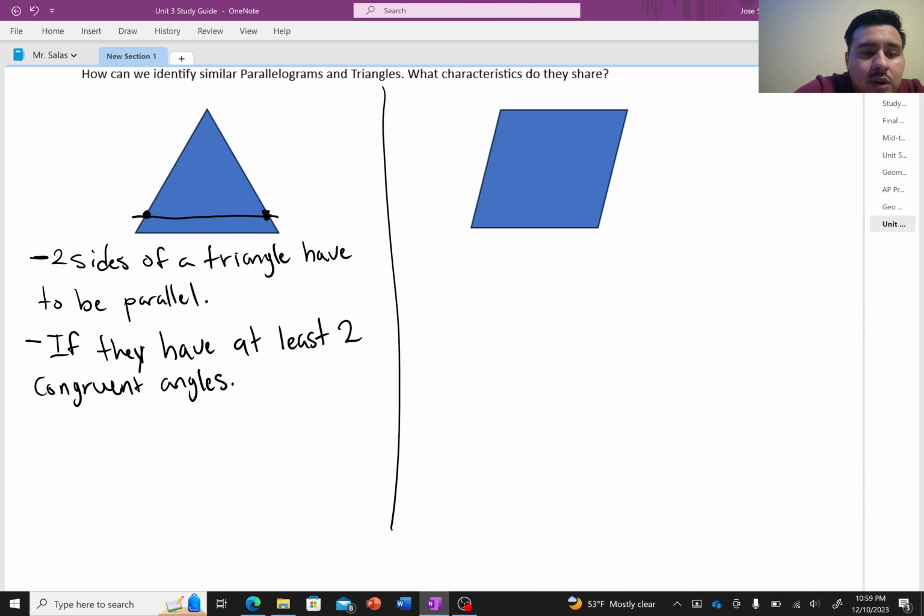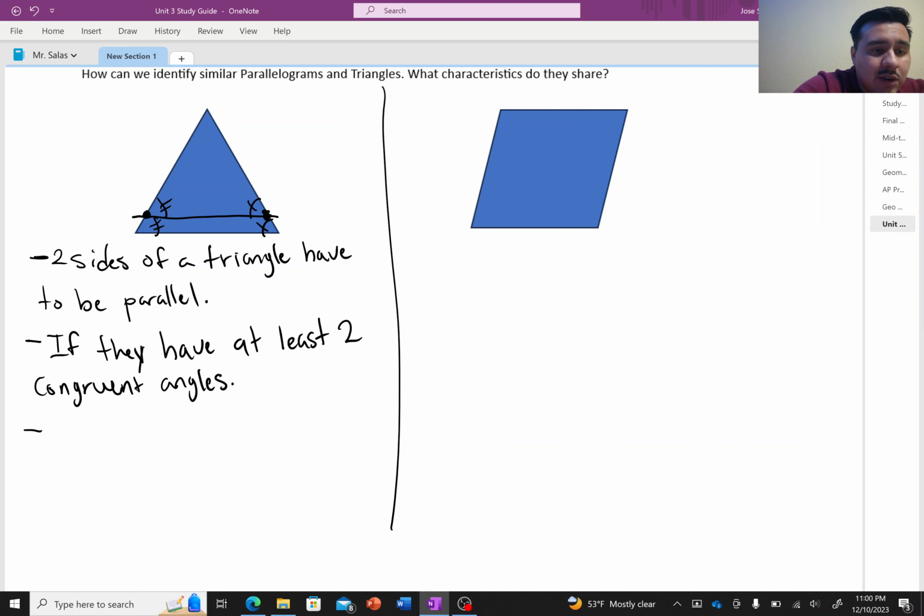Ooh, that word congruent. We haven't used that word in a while. What does it mean to have two congruent angles? That means if this angle here is congruent to this angle here, but not only that, this angle here has to be congruent to this angle here. If I have two pairs of congruent angles within triangles, then that means they are similar, right?